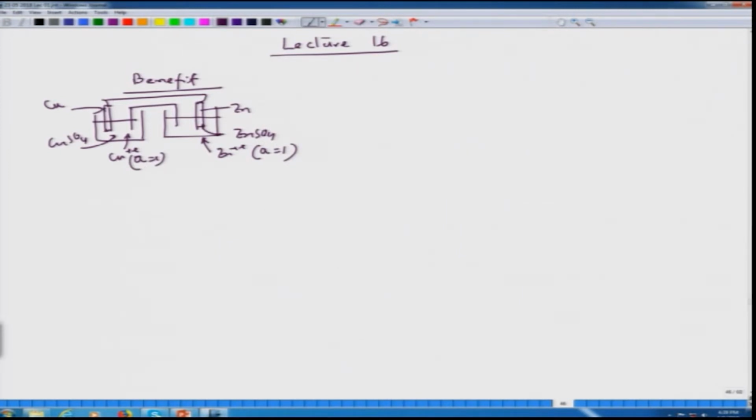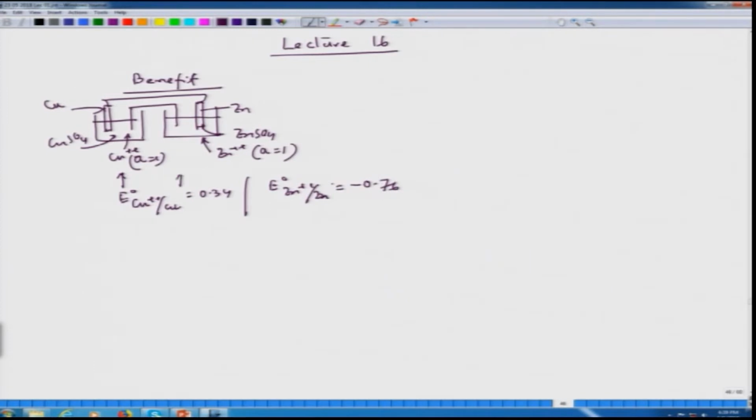Then if we join them, E0 for copper equals 0.34 and E0 for zinc equals minus 0.76.